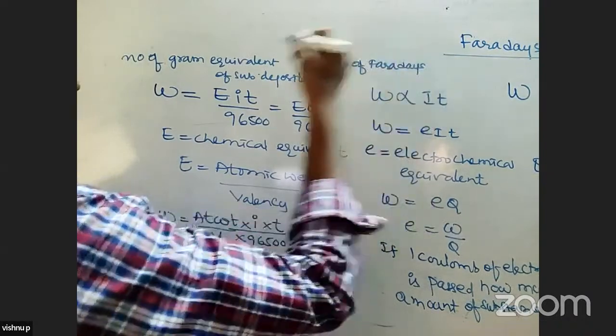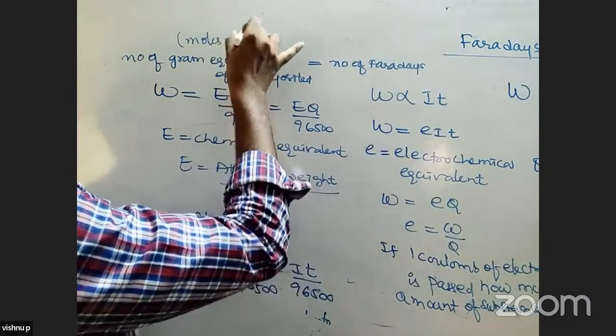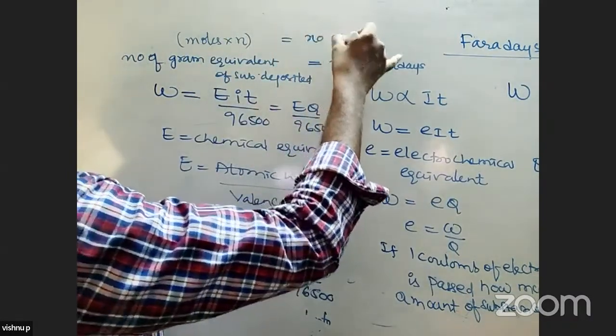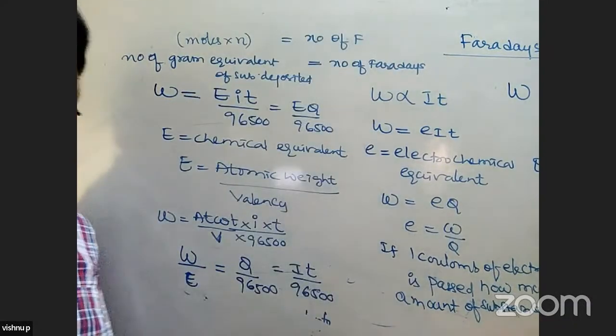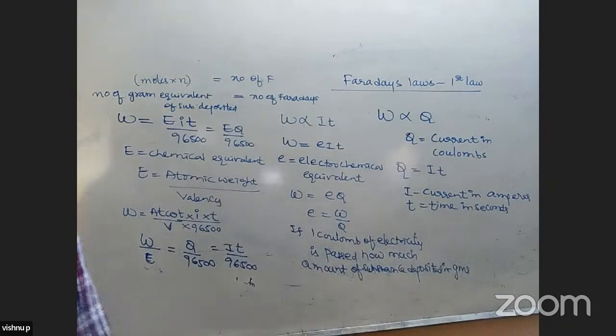Number of gram equivalents is equal to moles into N factor, valency, which is again equal to the number of Faradays. Okay, so this is Faraday's first law.